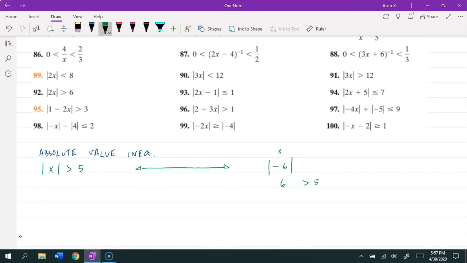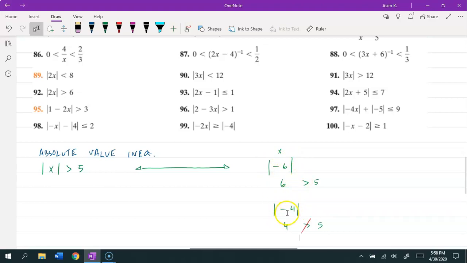What if x was -4? The absolute value of -4 is 4. Is 4 greater than 5? No, it's not. So when you tried -6, it worked, but when you tried -4, it didn't. It looks like a number less than -5 is going to work, but a number greater than -5 is not.